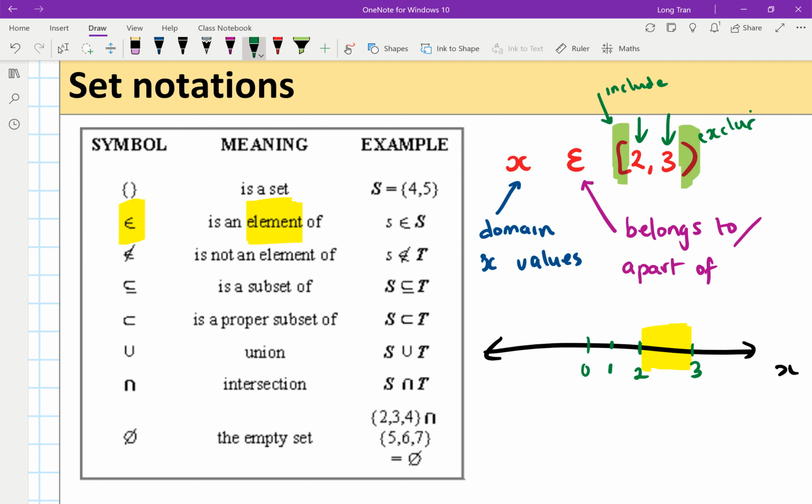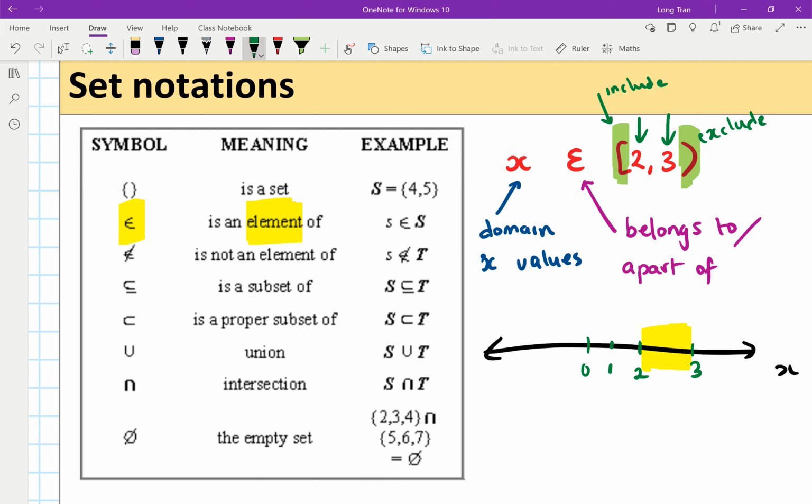So you don't include it. So what does that mean? That means that it's saying, if I only want the numbers from 2 to 3, they're saying include the number 2. That's something you want on the x-axis. I want the number 2, but I don't want anything less than 2. Anything less than 2, don't include. Just 2, all the way up until 3, but I don't want 3.